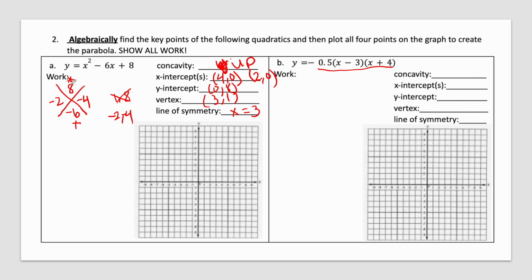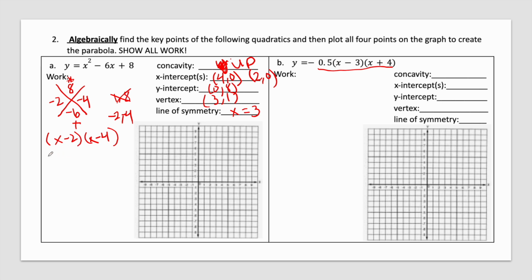Other thing I notice, since it multiplies to a positive but adds up to a negative, I know that these two numbers have to be negative, because a negative times a negative is a positive, and if I add them together, they're going to come out to a negative. So inside our parentheses we can have x minus 2 and x minus 4.